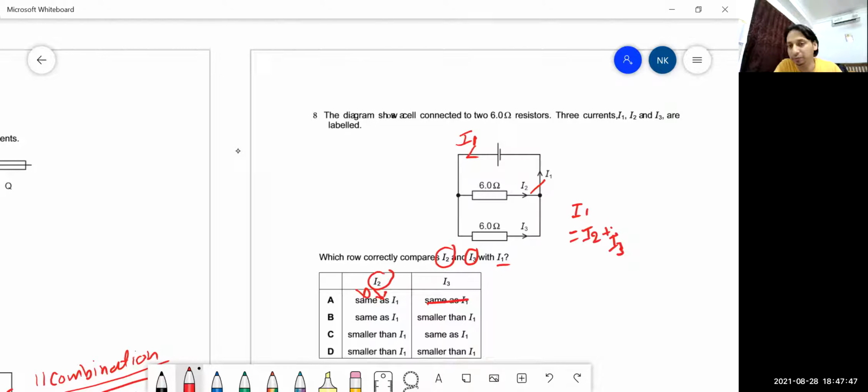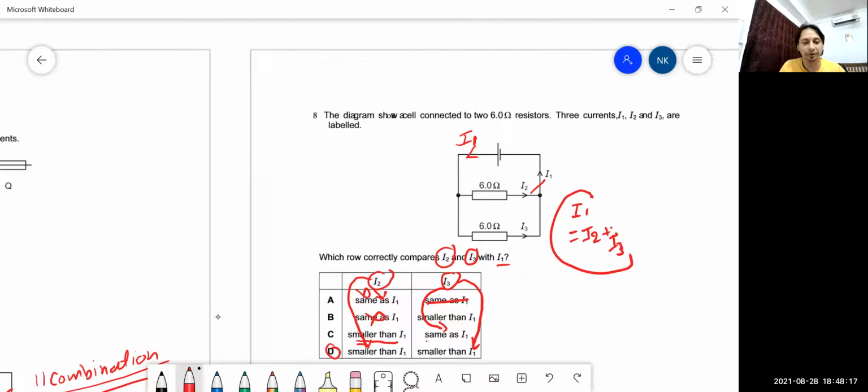I2 cannot be the same as I1. Smaller than I1, yes, it is smaller than I1. And now what about I3? They said I3 is the same as I1. This is also wrong, I3 will also be less than I1. So you will find that I2 is smaller than I1, and I3 is smaller than I1. Remember this equation, children.